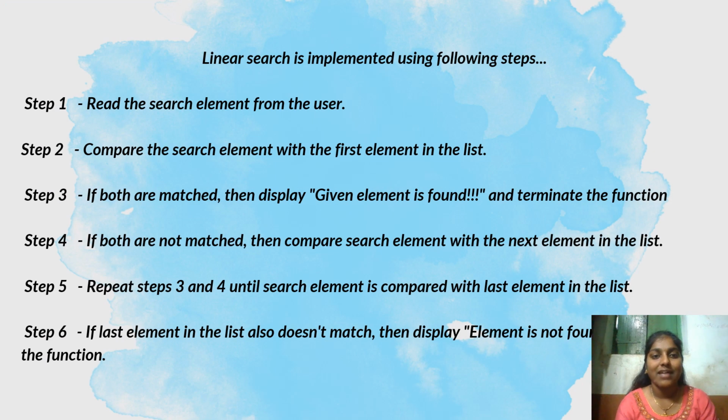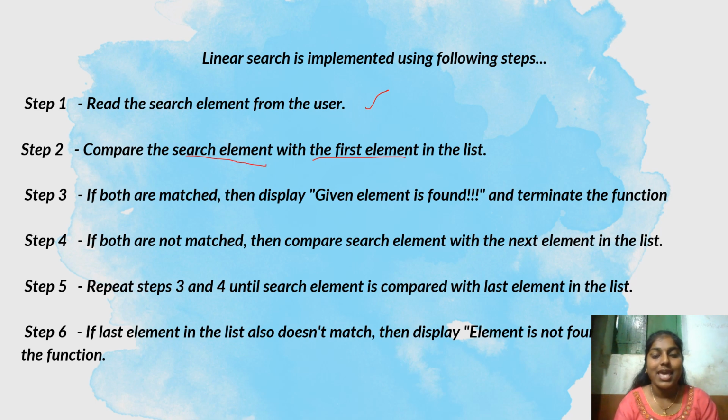So here we have the basic steps, the algorithm for linear search. First we need to read the search element from the user as input. Then we compare the first element of the list with the search element.